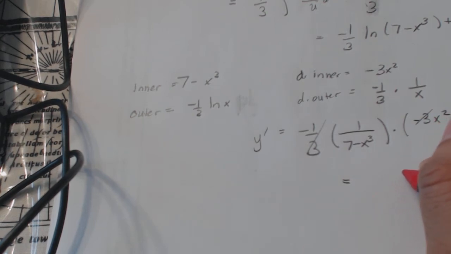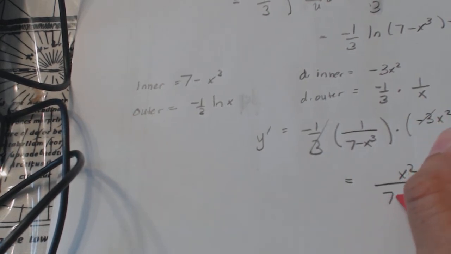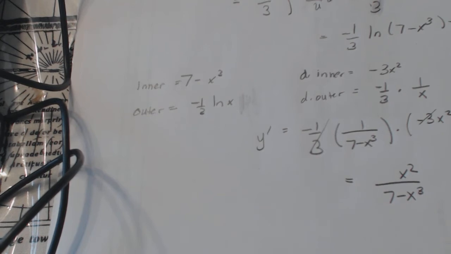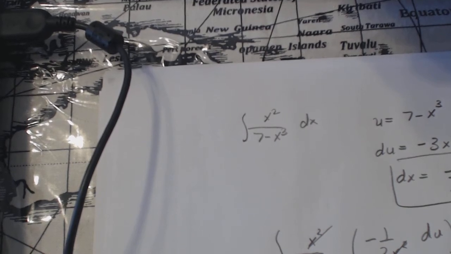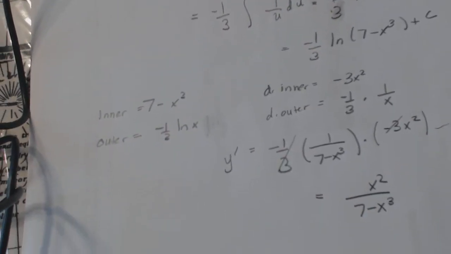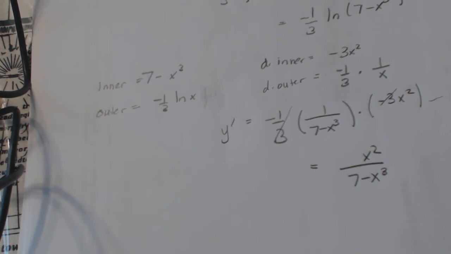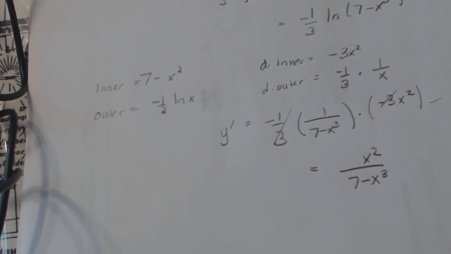So then we get x squared over 7 minus x cubed. I'm going to bring the camera up there, and you see I get exactly the same thing. X squared divided by 7 minus x cubed. So I'm back to where I started. So your antiderivative, you can check by just taking the derivative of what you got. You should get back to where you started. So these are checks that you can do along the way.